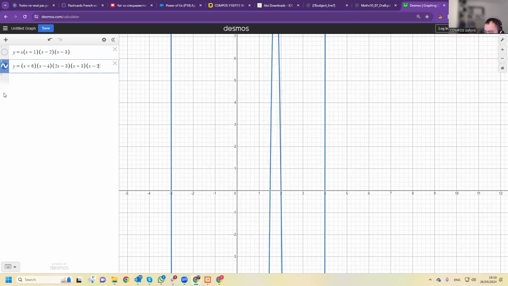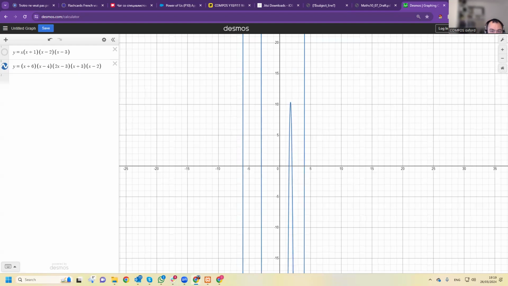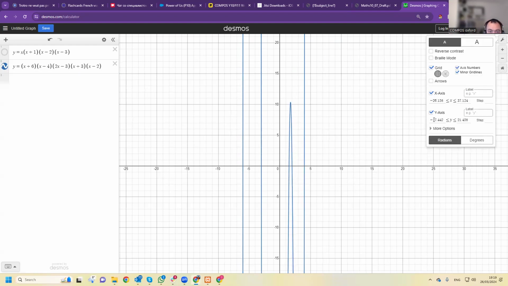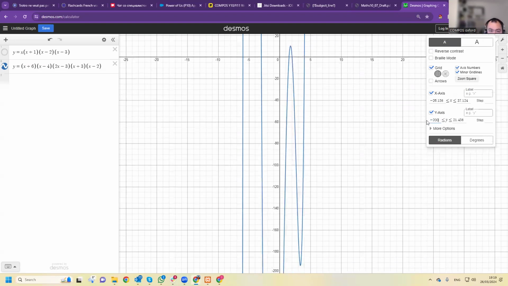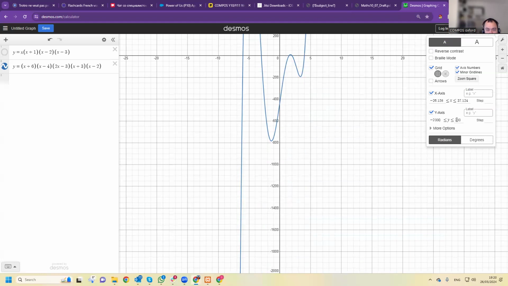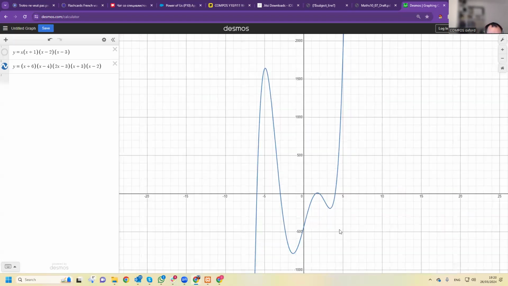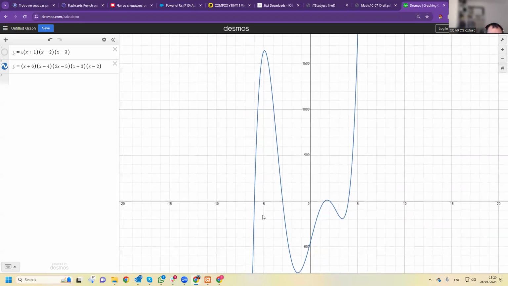Yeah, x minus 2. Okay, so you can see that it is positive from -6 to -3, from 1.5 to 2, and from 4.